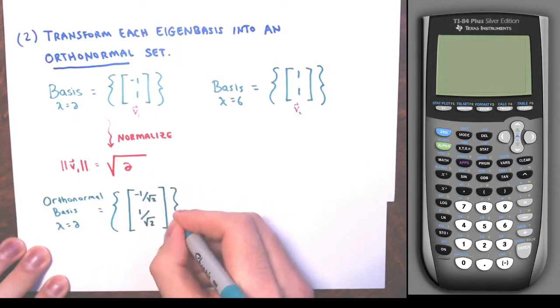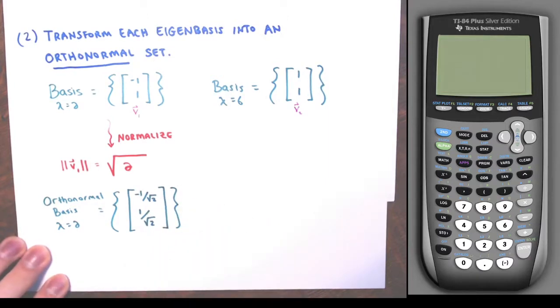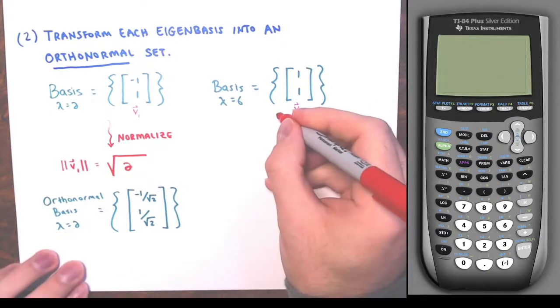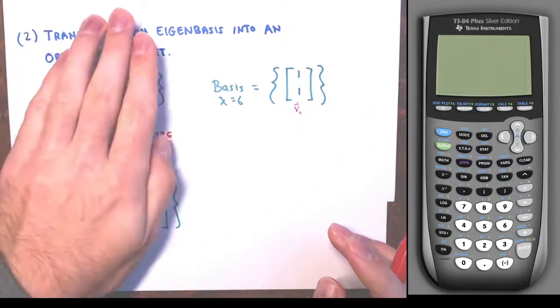Now I have a unit vector. And I'm going to make this vector the first column of that matrix P, that orthogonal matrix P that we're going to make. Now I'm done with that basis.